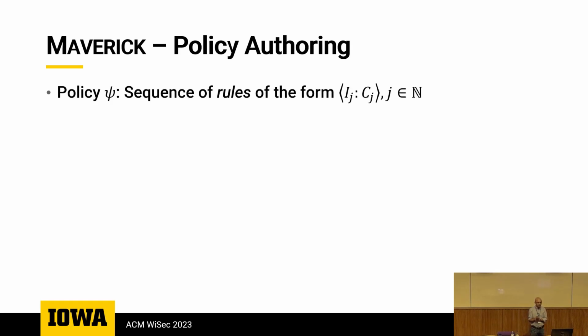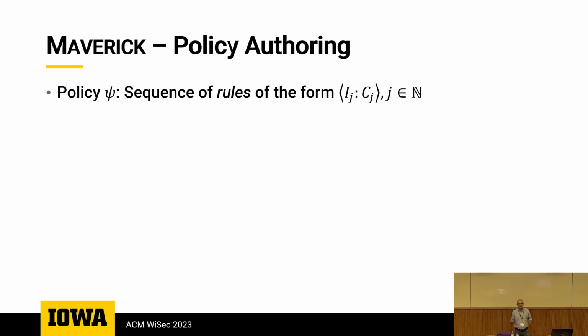So our policies look like pairs. The first part is the actual invariant. That is, when I'm away, the door should never open. Okay? The second part tells you what you should do if that invariant gets violated. Somebody opened the door when you're not home. What do you do? You close the door, right?